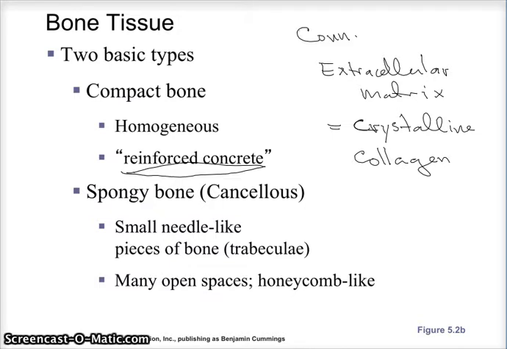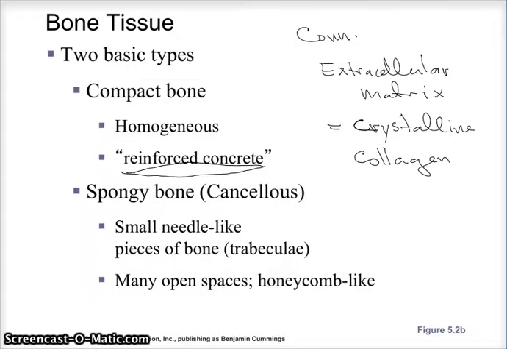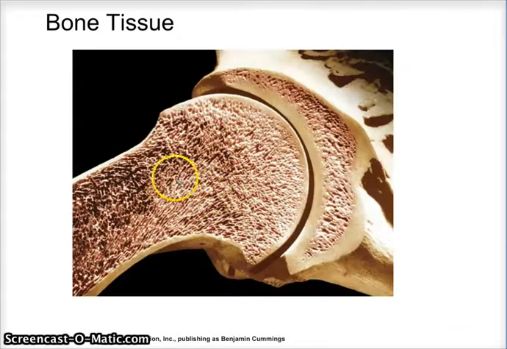Now spongy bone is a little bit different. Spongy bone is literally like an internal scaffolding. So each of those small needle-like pieces play on each other and support each other and give a very strong structure. So when you look at this, you can see, by the way, it was mostly empty space, right? Honeycomb-like. You can see here lots of empty spaces. So this is my spongy bone right here.